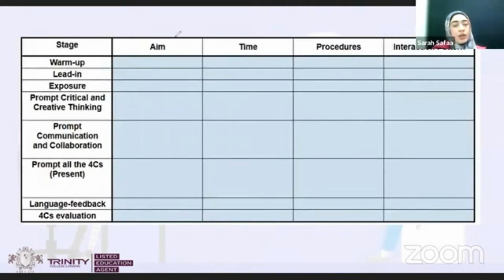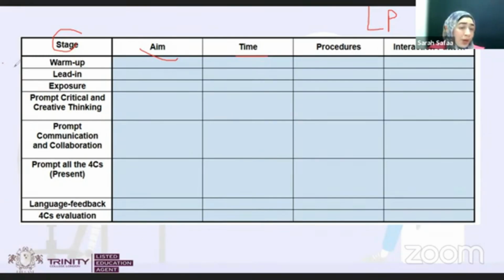I started with the stage, the aim of the stage, the time, the procedures, and the interaction pattern. This is my lesson plan for applying the 4 C's in my business English class or any ESL class. It doesn't have to be business English. The students still need to develop such skills too, don't they?